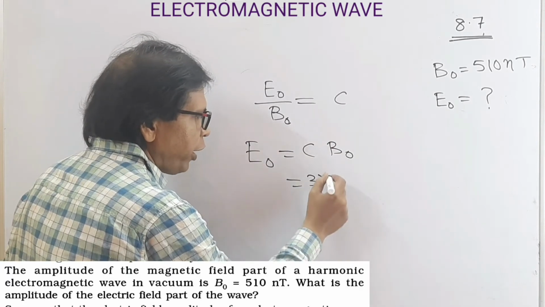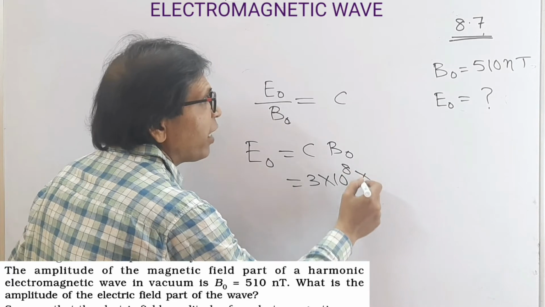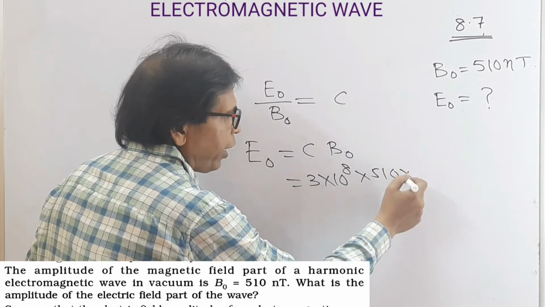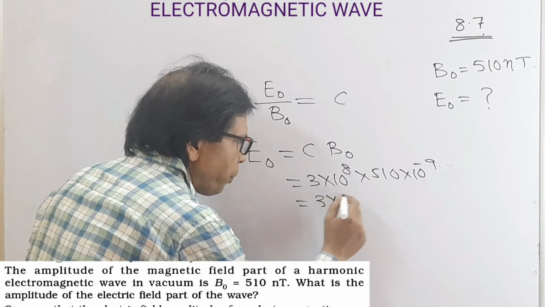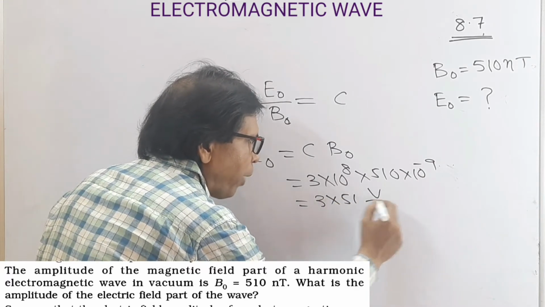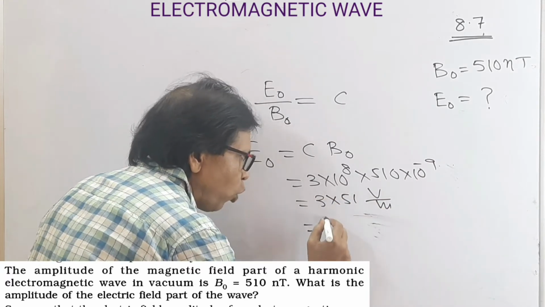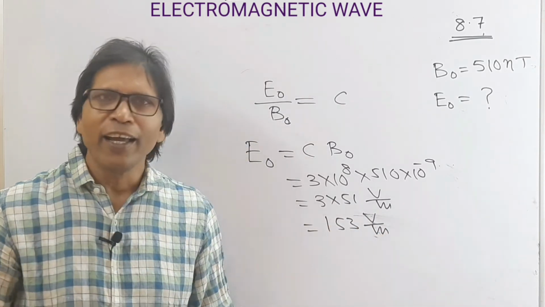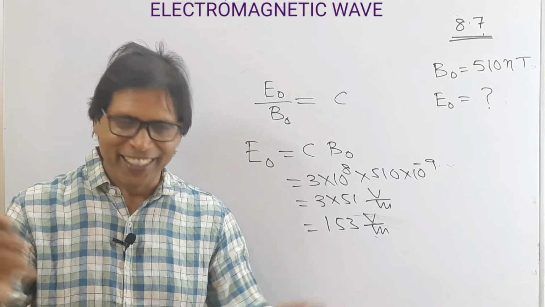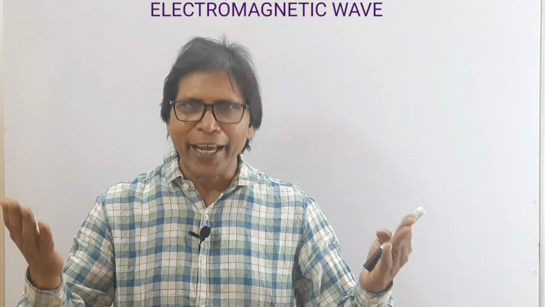Now this is 3 into 10 to the power 8 and this is 510 into 10 to the power minus 9. So this is 3 into 51 volt per meter, which is 153 volt per meter. Okay. No problem.